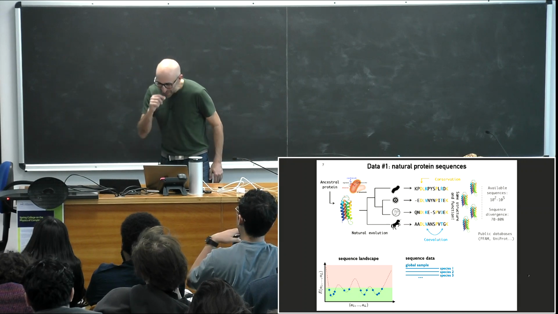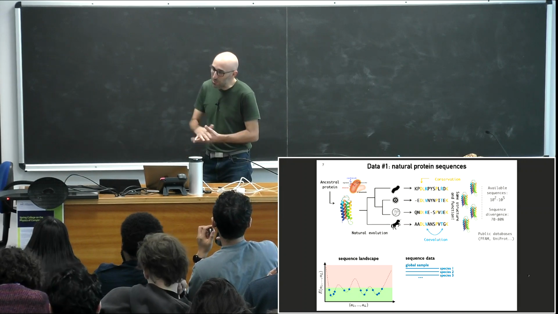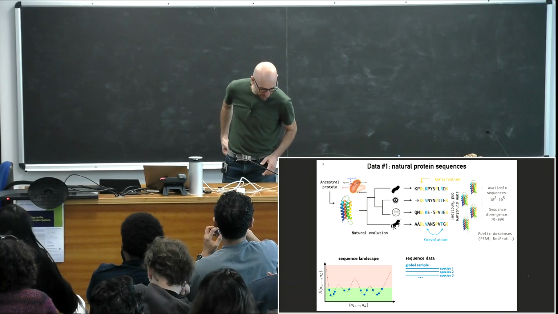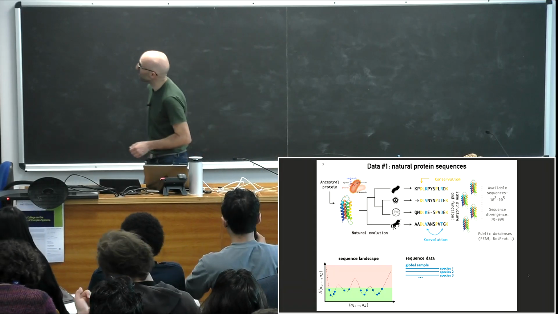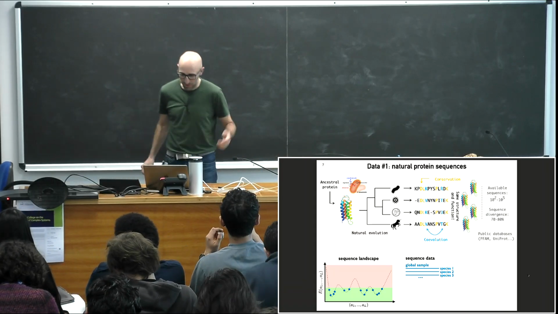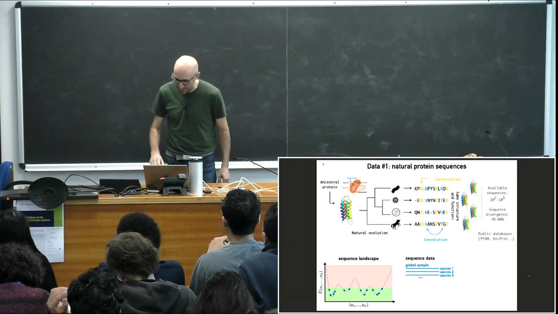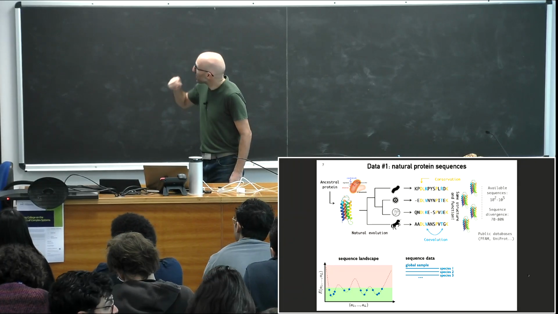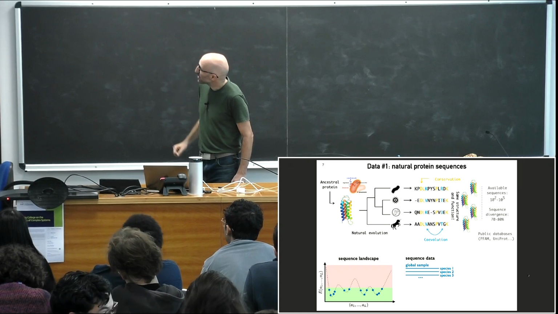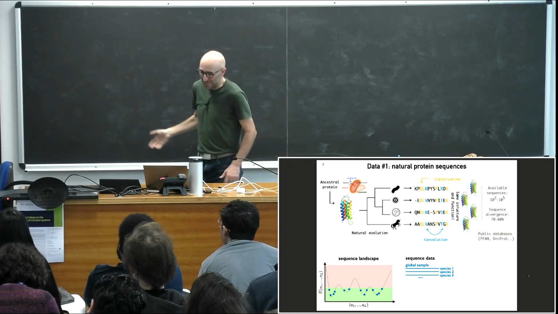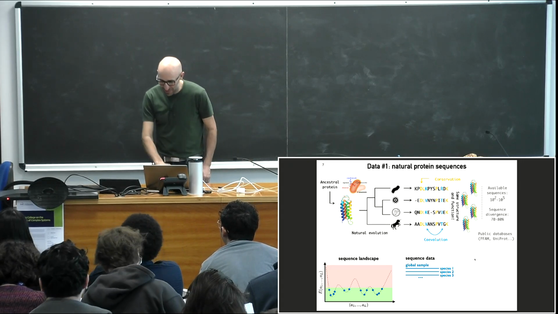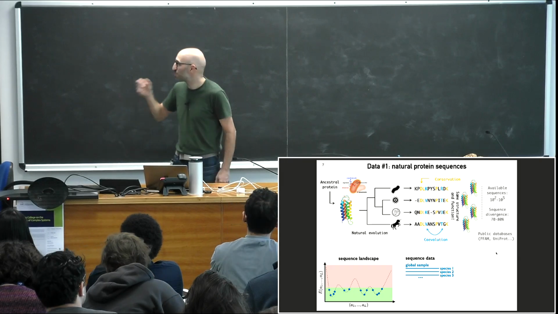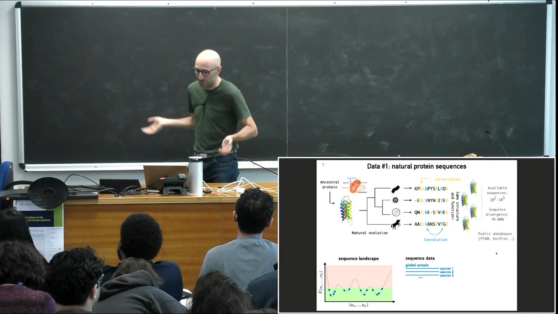You have the book. So, okay, maybe I will discuss the kind of data we can use, and then we stop, and tomorrow we will continue the discussion. So the kind of data we have are natural data. So you have these databases where you can download proteins that have been sequenced.